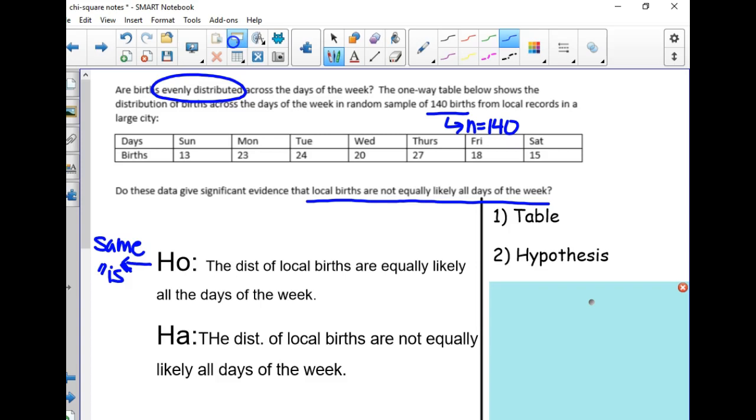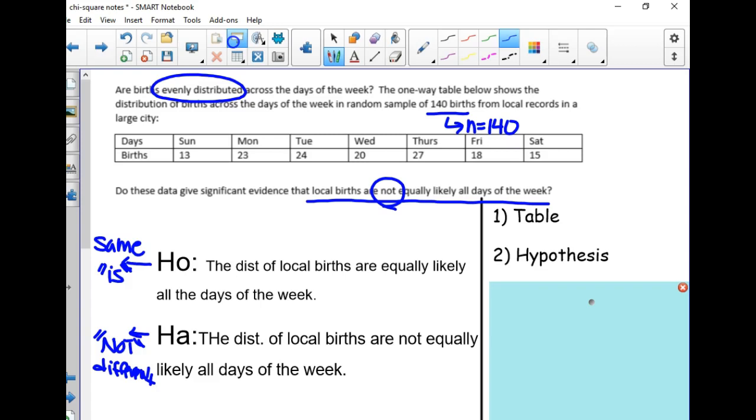So because the question is talking about not, that's my alternative hypothesis. The distributions of local births are not equally likely all days of the week. If I know my alternative, I know that it's just the opposite for the null, or vice versa.